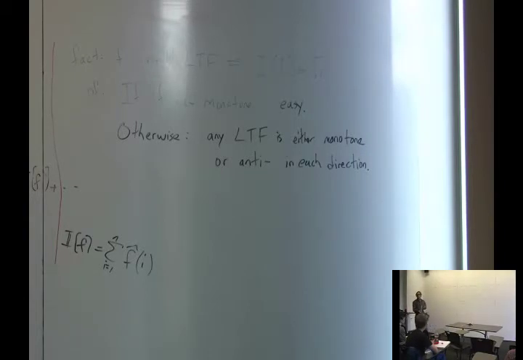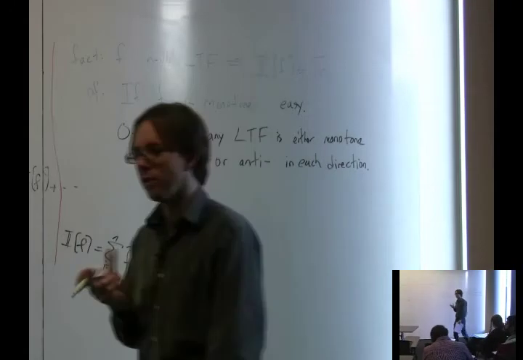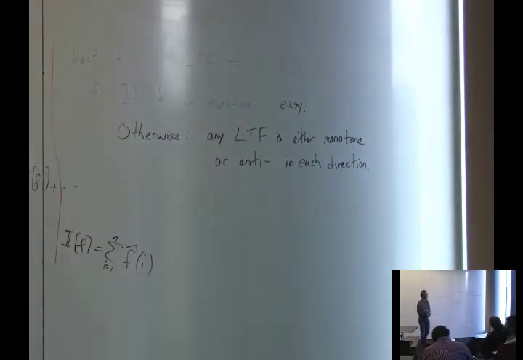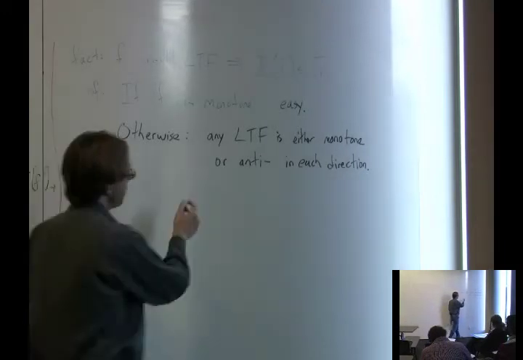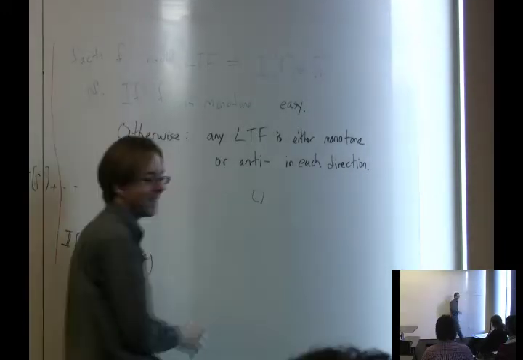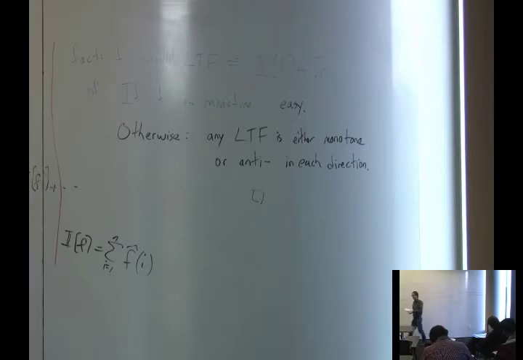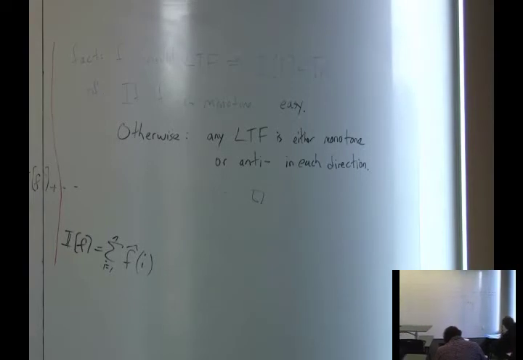But that does not change the total influence of a function, just reversing the sense of true and false. It's like you take your hypercube and draw its mirror image. So that doesn't change the fraction of edges which are bichromatic. I don't want to write anything else, but that's the end of this fact's proof. Any questions?